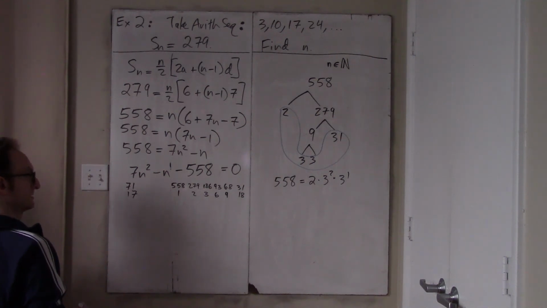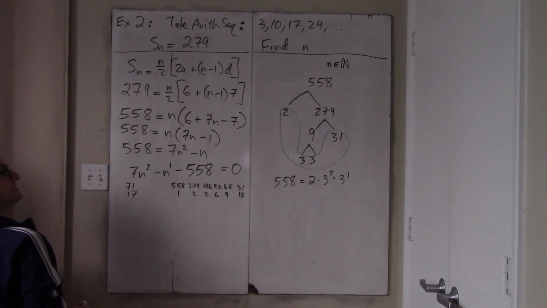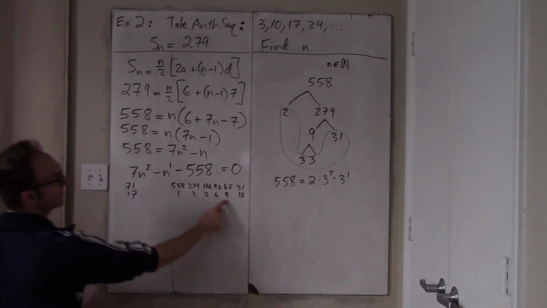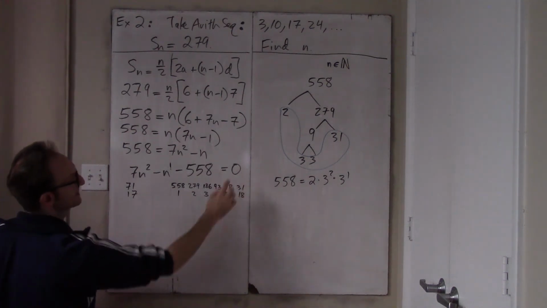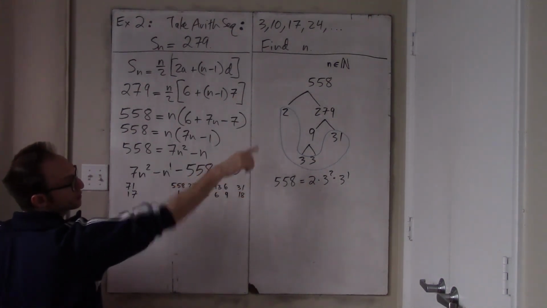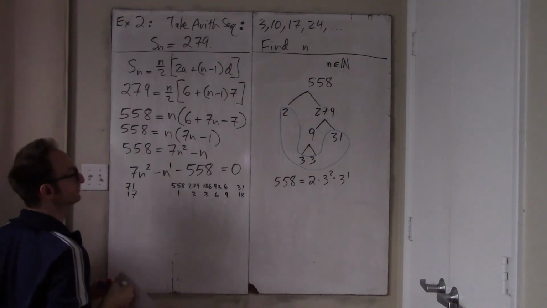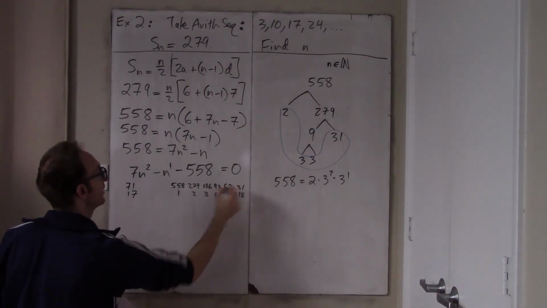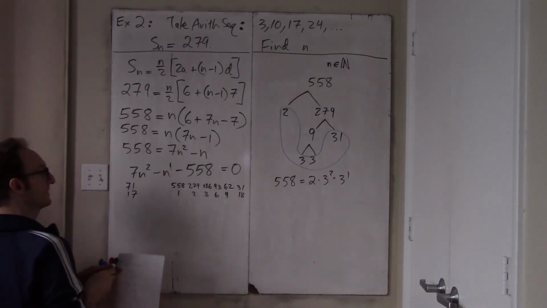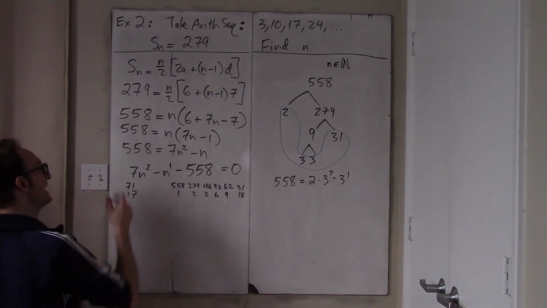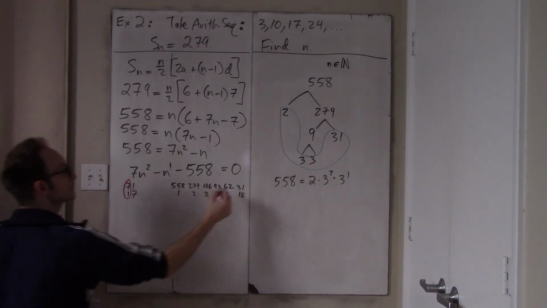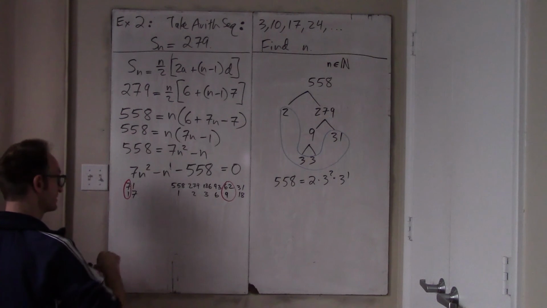Oh man, 9 times 7. Did I mess this up? I did mess this up. 2 times 31 is 62. Okay, so that was the one I wanted, because 9 times 7 is 63 and 62. So alright, there it is.